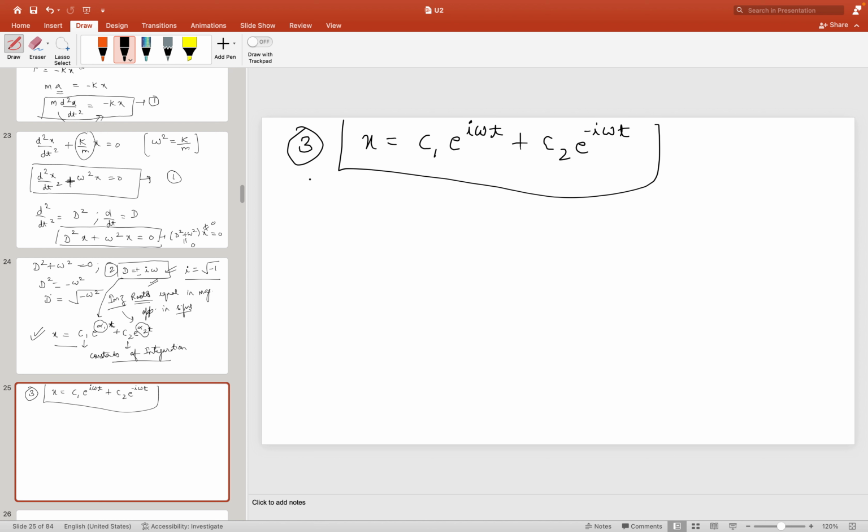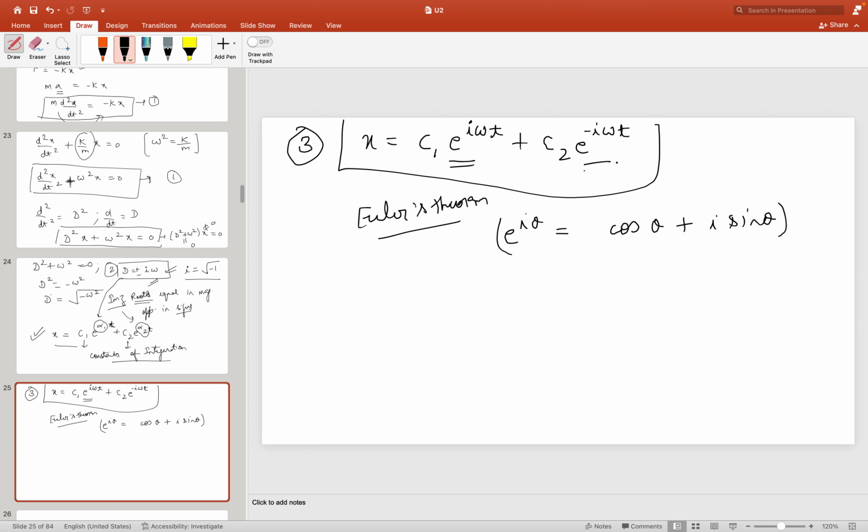Okay. And we know from Euler's theorem in math. What does Euler's theorem state? It states that e to the power iota theta is equal to cos theta plus iota sin theta. So we can represent it in terms of cos and sin now.